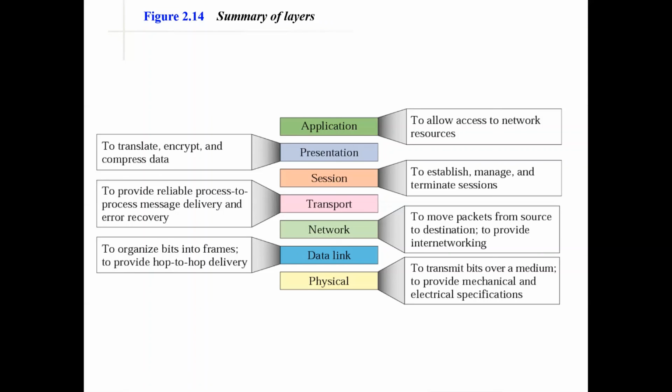At the session layer, the function is to establish, manage, and terminate the session between two hosts, host A and host B. You can say between two computers. At the presentation layer, there is data encryption and decryption, and the application layer allows access to the network resources. So this is all about the OSI model.